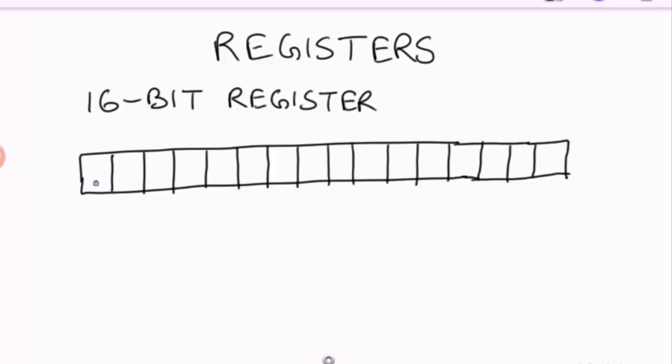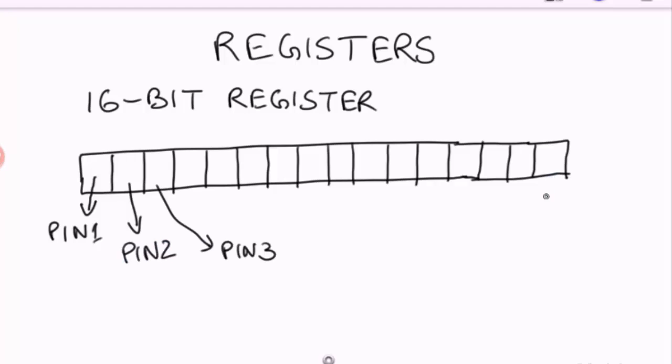Let's say that the first bit is representing pin 1. The second bit is representing pin 2. The third bit is representing pin 3. And so on. Finally, the 16th bit is representing pin 16.